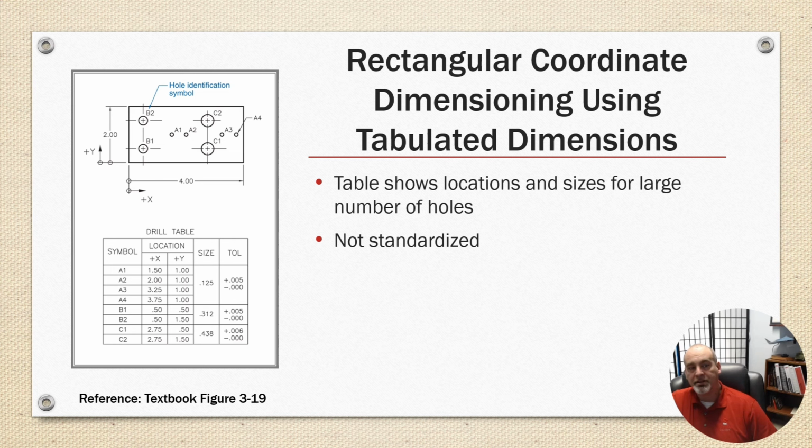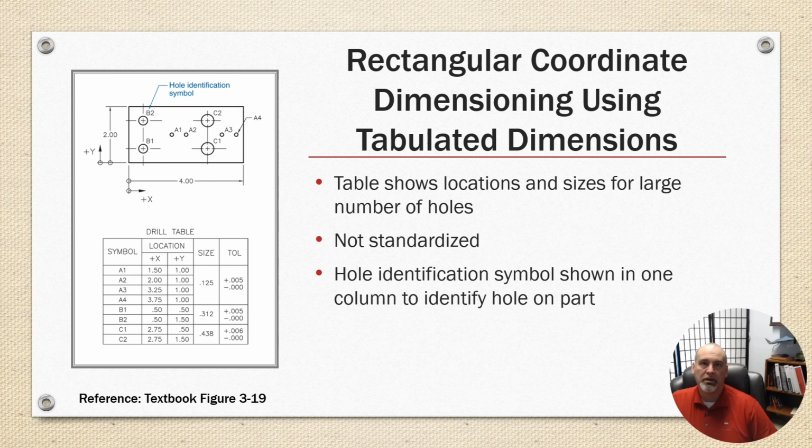The standard doesn't really force a standard format for that table as long as the pertinent information is available. And the hole identification symbol is shown in one column to identify the hole on the part. So an example, hole A1 is at coordinate X positive 1.5 inches, Y positive 1 inch. It's a 1/8 inch diameter hole, and its tolerance is +5 -0.